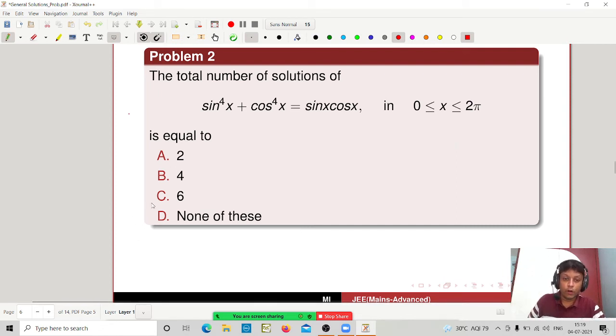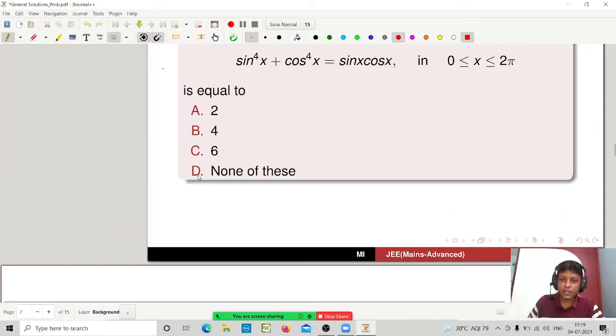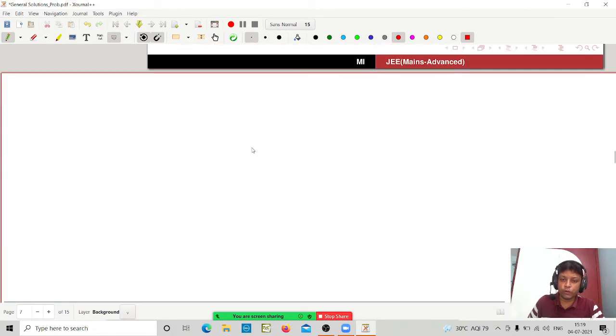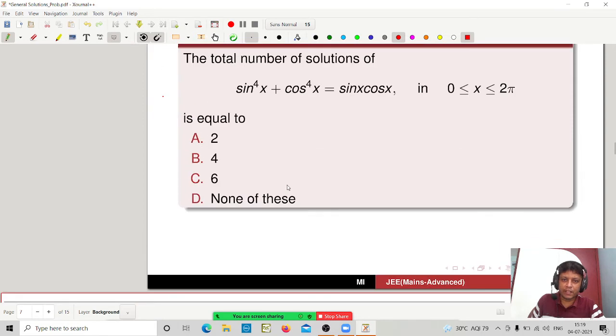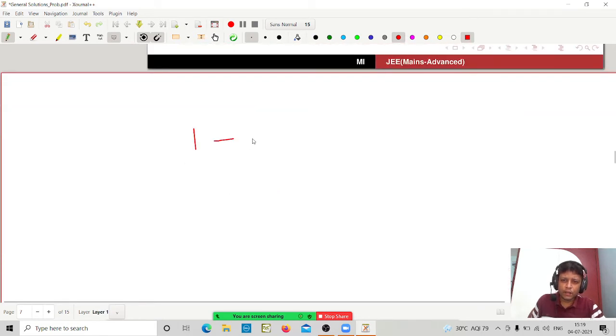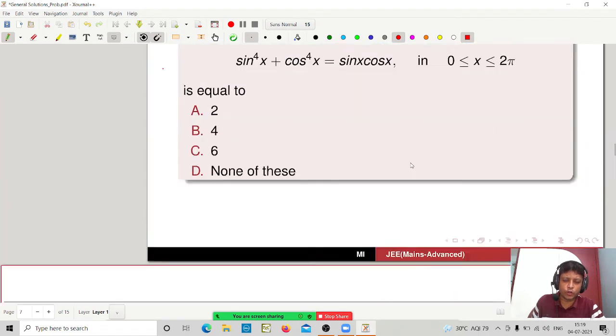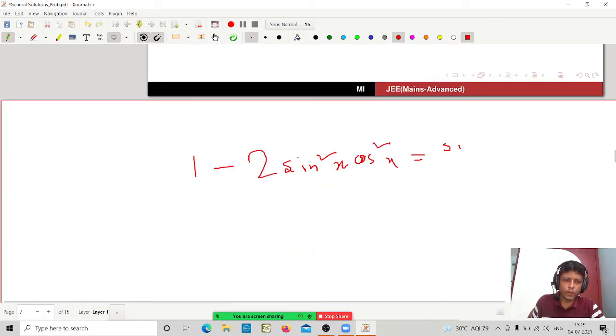I'll show you. Quickly, let's simplify sine to the power 4 plus cos to the power 4. If you apply (sine square x) whole square plus (cos square x) whole square, that is a square plus b square, and with simple algebraic manipulation it becomes 1 minus 2 sine square x cos square x. On the right you have sin x cos x, which you can write as sin 2x by 2.